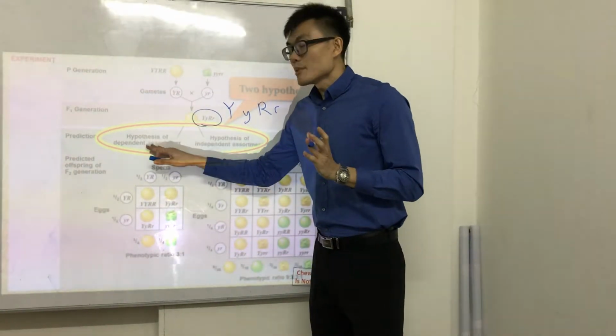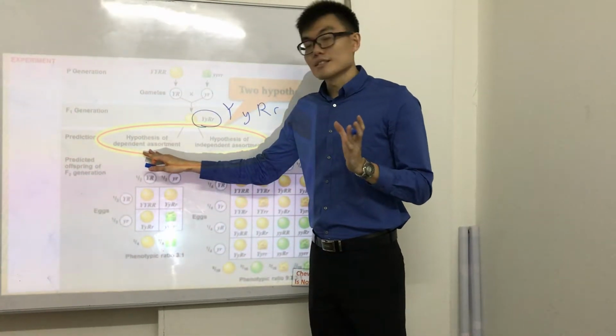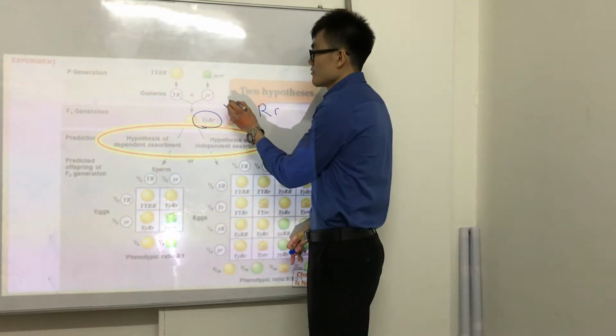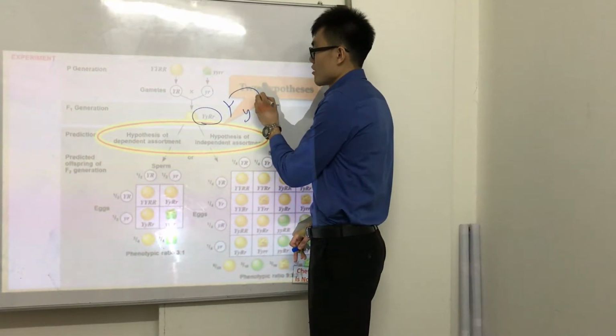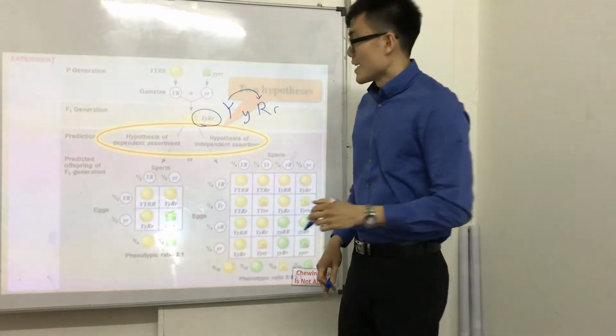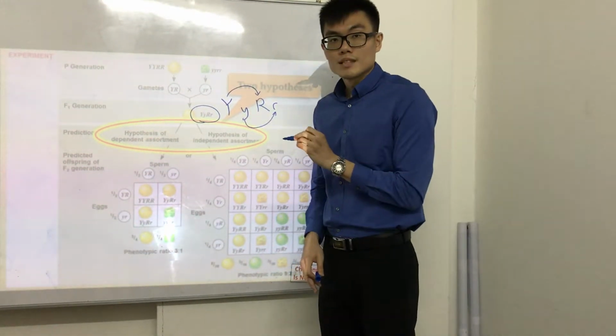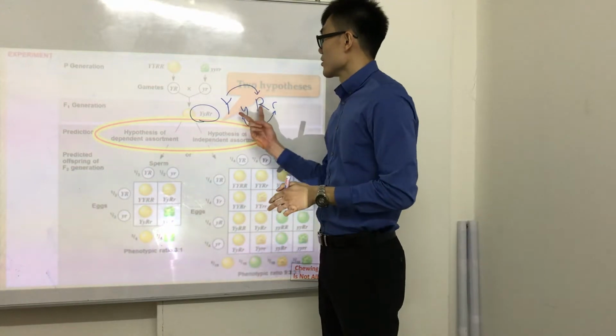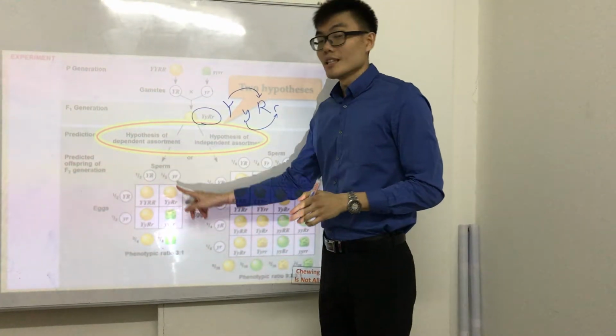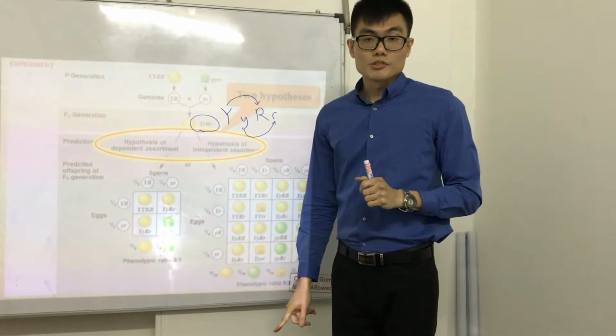If it is the hypothesis of dependent assortment, the dominant Y and dominant R will always pair up, and the recessive y and recessive r will always pair up. So there are only 2 types of gamete that can be produced.